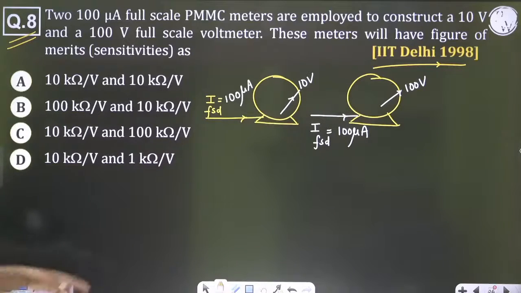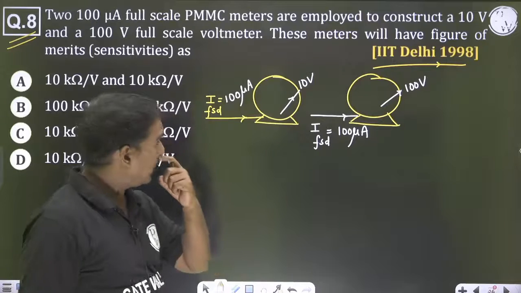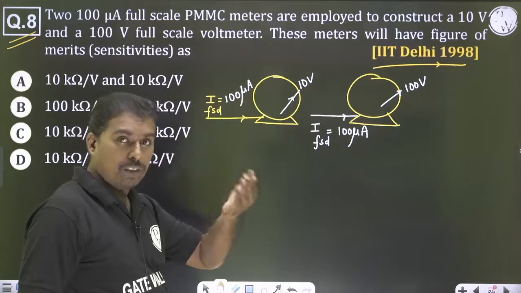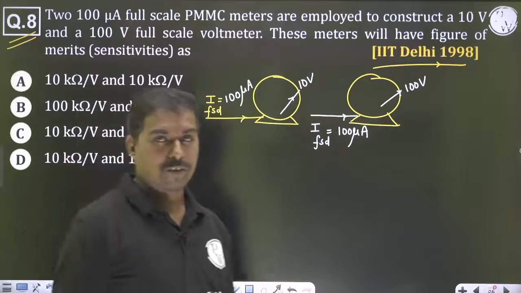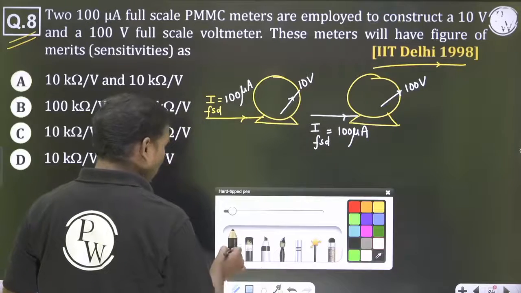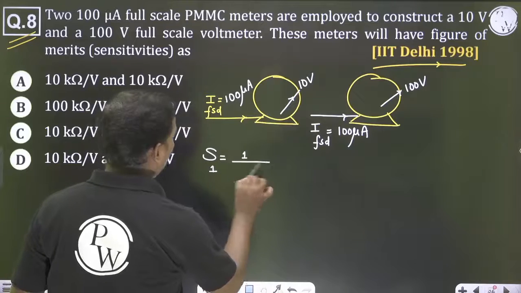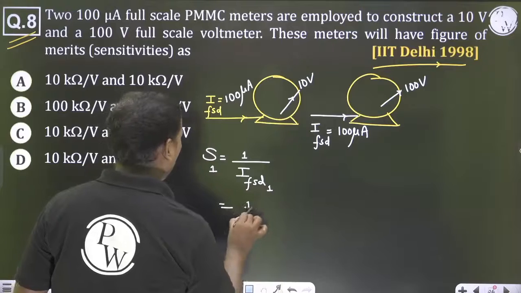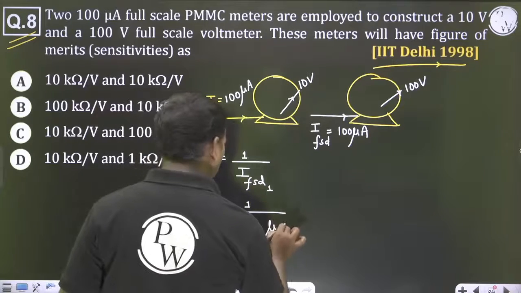What is a figure of merit? It represents how much resistance is required by the voltmeter per volt of full scale deflection. So what is the sensitivity of this one? Sensitivity is equal to 1 by IFSD, so this is 1 by 100 microamperes.